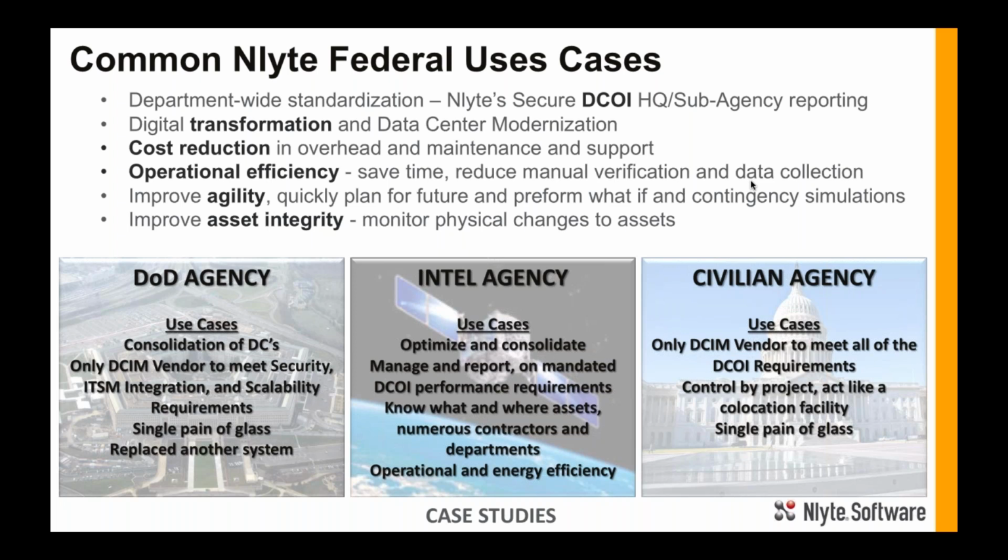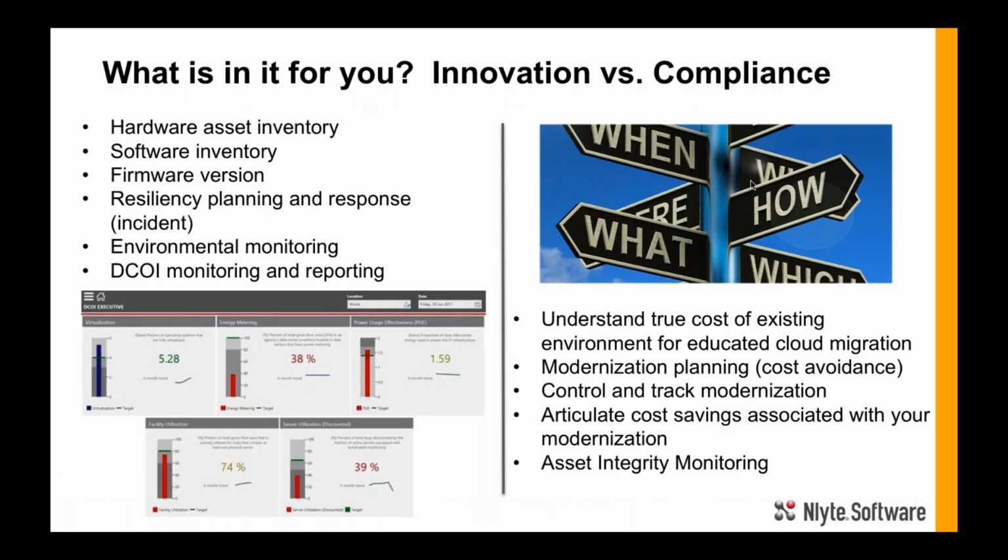At the end of this presentation, we'll give you a link where you can read specific use cases on our website of federal agencies who are using Nlyte today. We're starting to get pushed for time, so we'll just keep going here. Pete, did you want to discuss this particular slide?